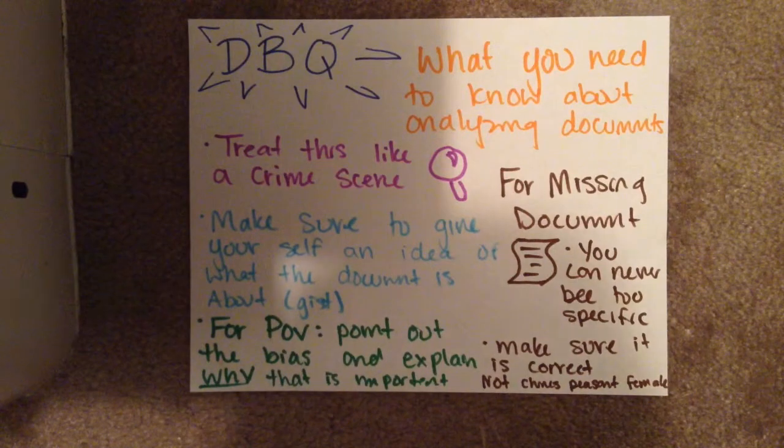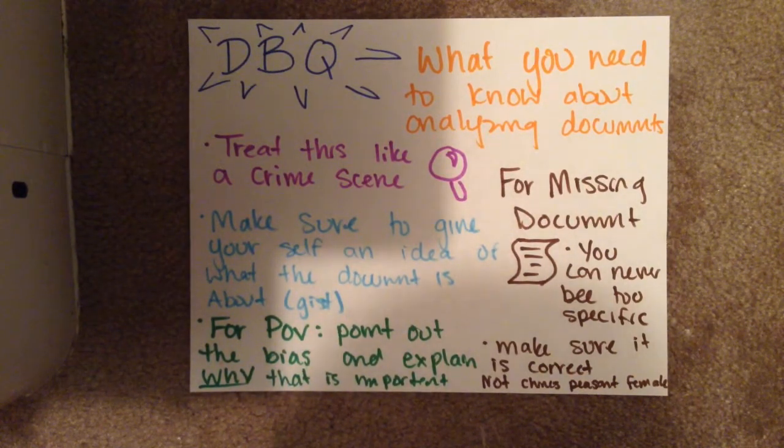Also, you need to add a missing document, and it's important to remember that you can't be too specific because you need to create a document that perfectly fits in and gets you what you need. Also make sure that that document is correct. You can't have a Chinese peasant female writing this document.